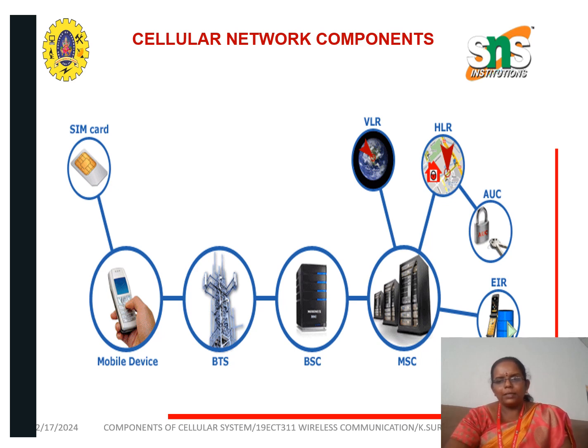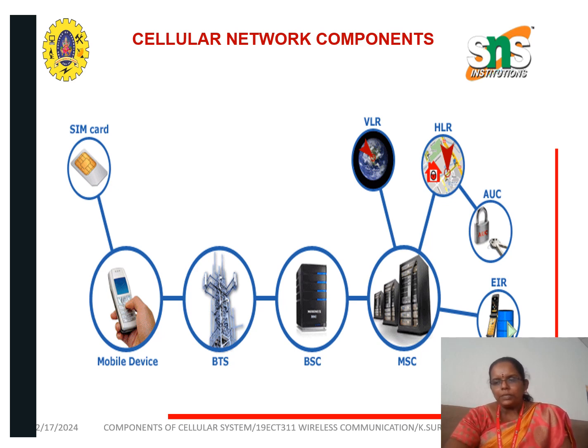Next is your mobile device. Your mobile device will be connected to the BTS, the base transceiver station, which in turn will be connected to the BSC, the base station controller. Next, it is connected to the mobile switching center.